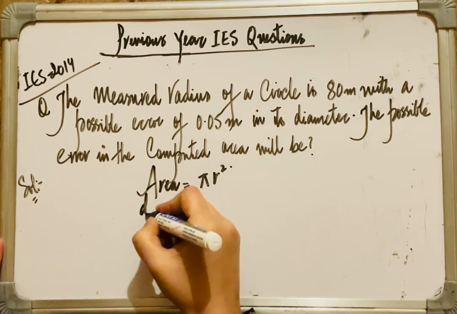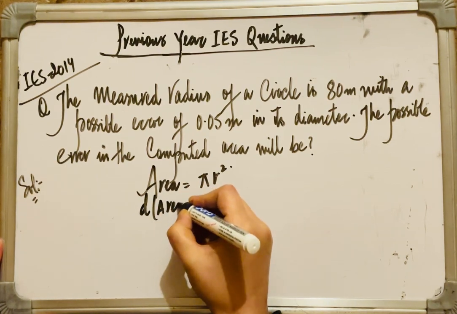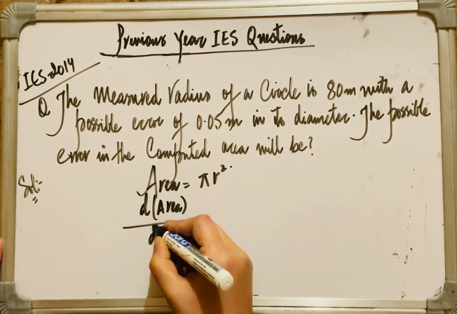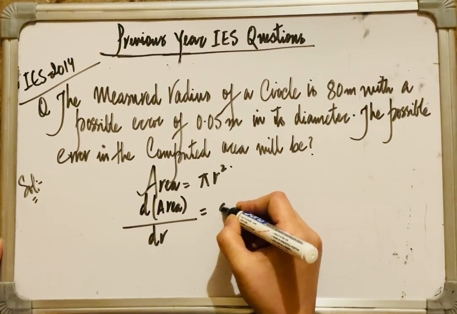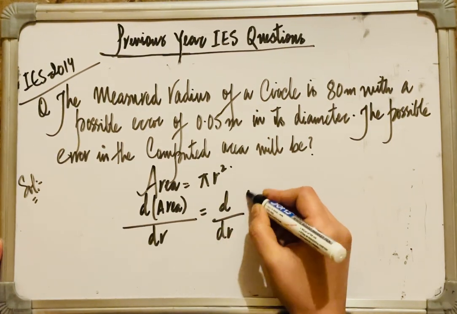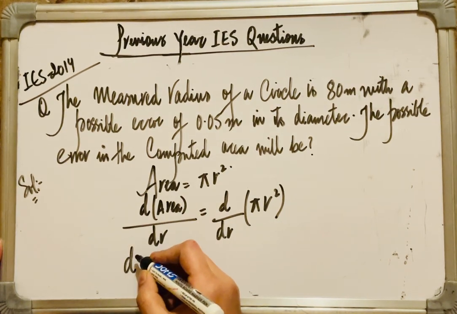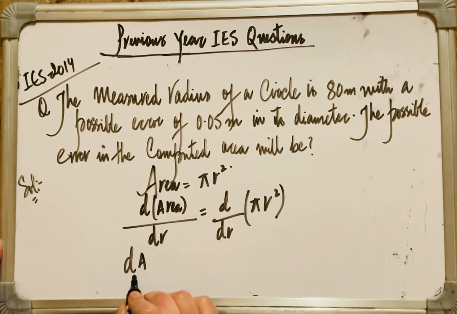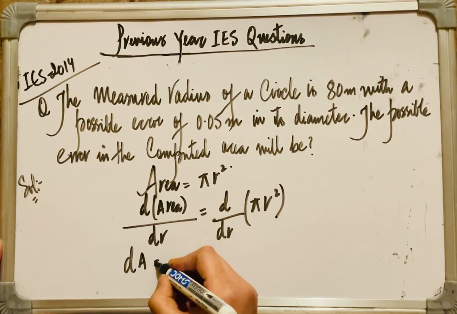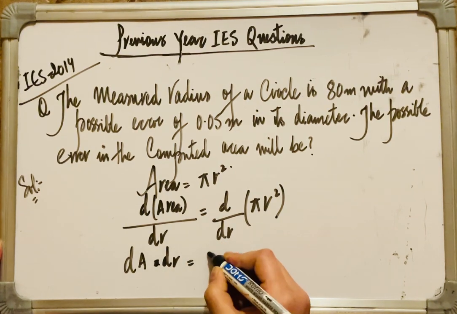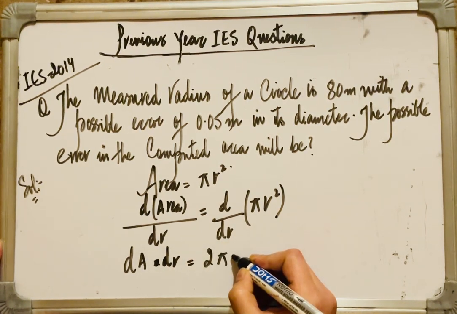I'll differentiate this with respect to r, and this is d by dr of pi r square. Here it becomes d of area, or I'll write it dA in short, and here it is dA by dr, here it is 2 pi r.